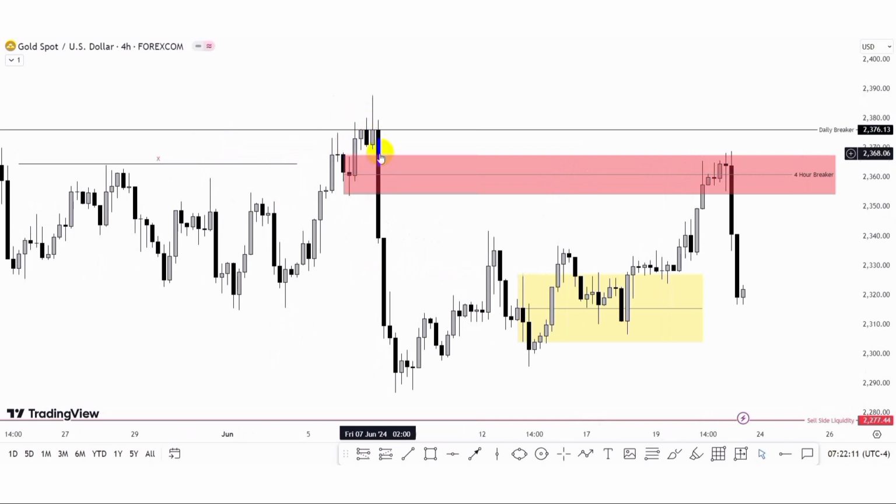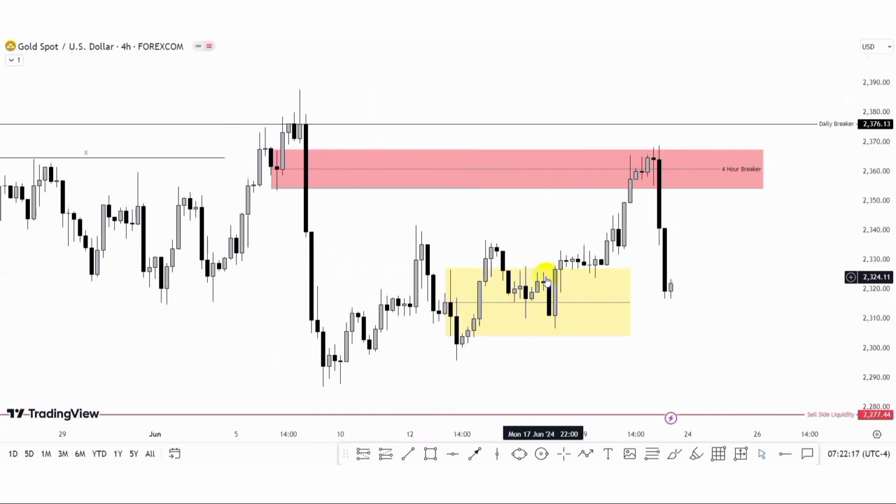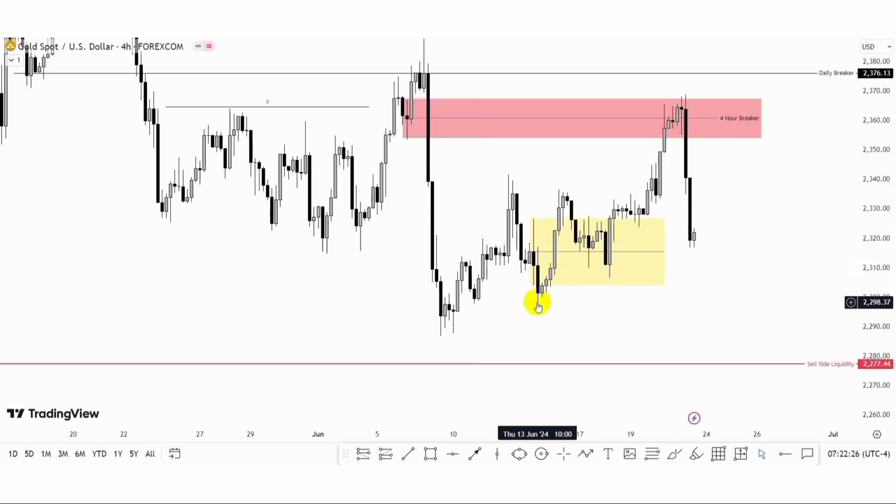And then you can see it's in confluence with this fair value gap. We have this massive displacement. So we anticipated to see price return to the breaker, and then we anticipate the fall of price to the downside. And that is what you can see actually played out in this gold USD pair.